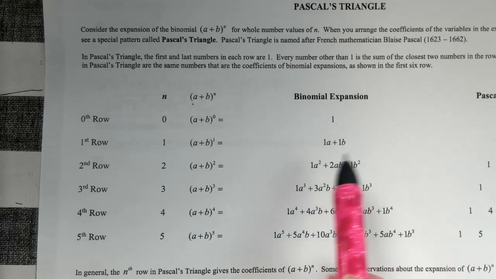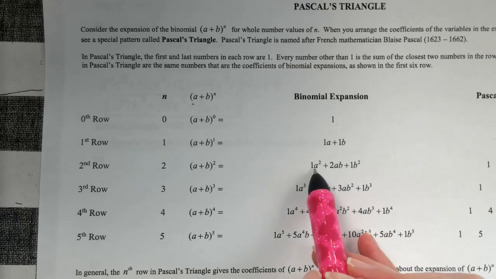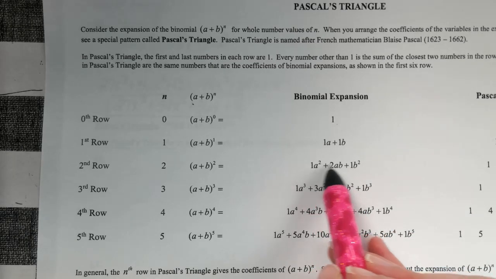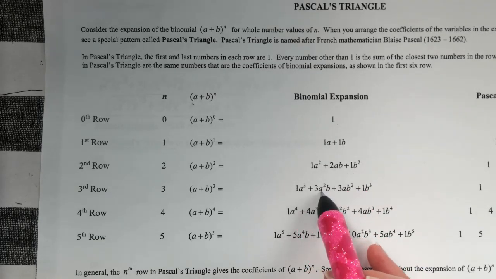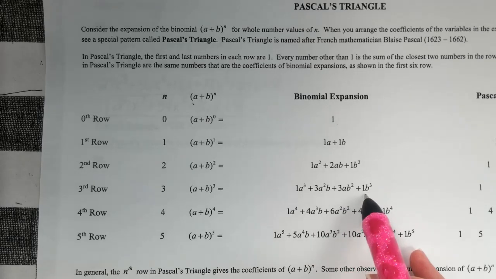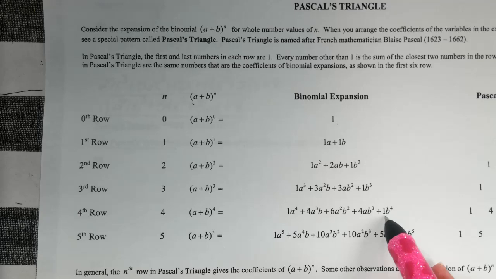Now, what's happening is in your pattern, if you notice, each term of your a, so I start with a squared, I go down to a, then it's not there. I start with a cubed, I go down to a squared, it's a, and then there's not one. Then I have a to the fourth, a cubed, a squared, a, there's no a.